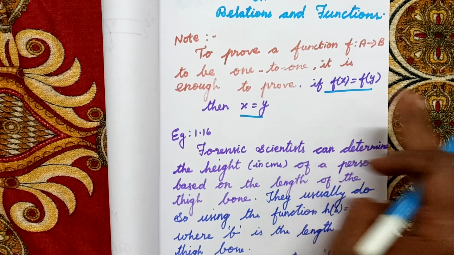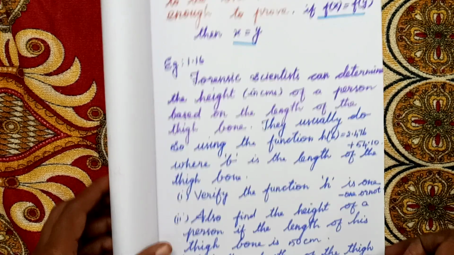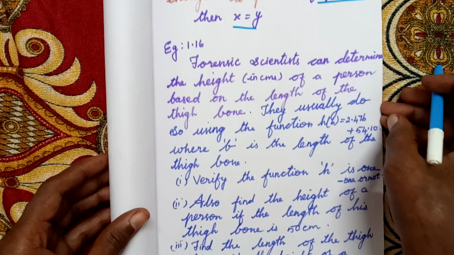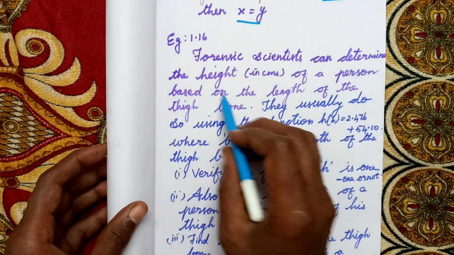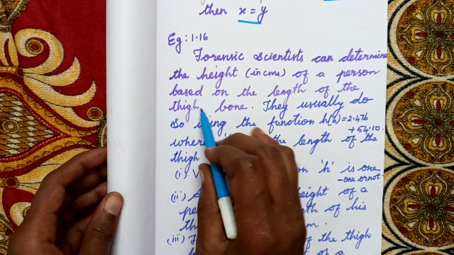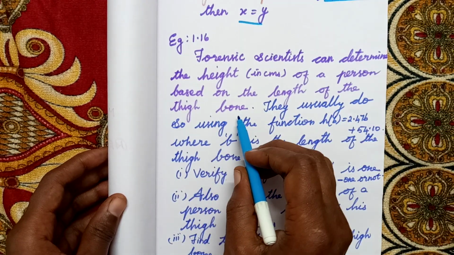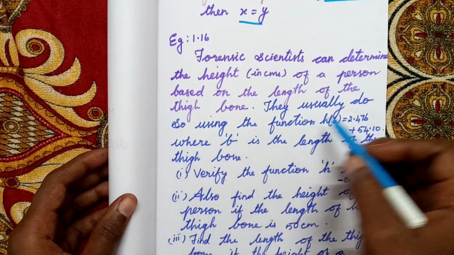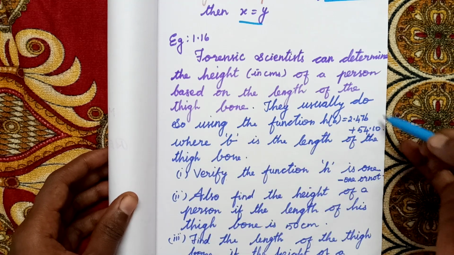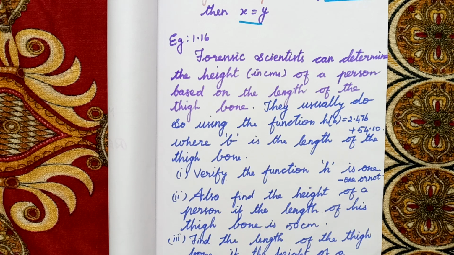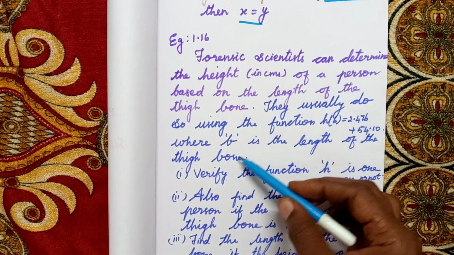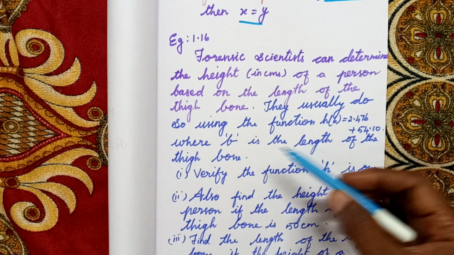Here is one question, example 1.16. Forensic scientists can determine the height of a person based on the length of the thigh bone. They usually do so using the function h of b is equal to 2.47b plus 54.10, where b is the length of the thigh bone.